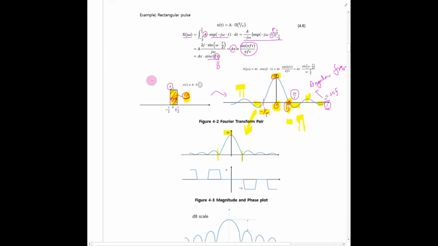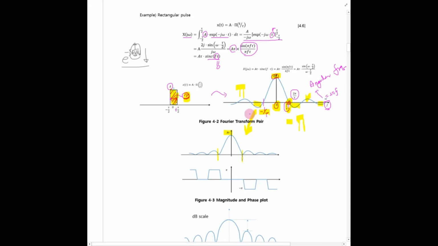When we talk about time shifting, omega 0 T_d, as frequency increases, the angle is decreasing. So we will talk about that when we consider time shifting. So we take pi at the negative frequency, and at the positive frequency it is minus pi.